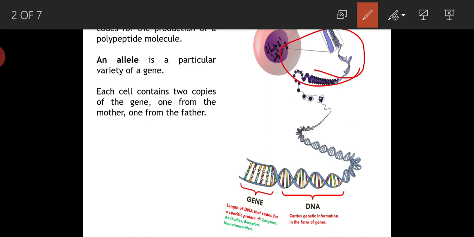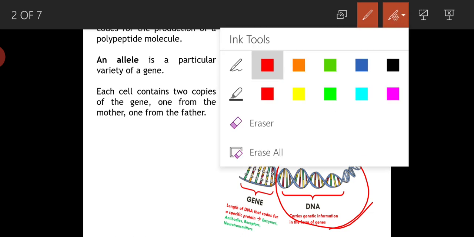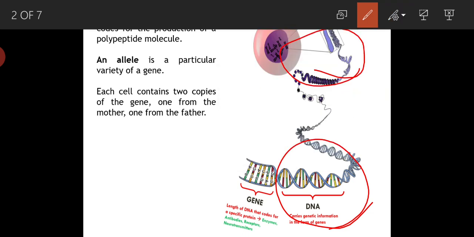A chromosome is made up of a DNA molecule which carries the genetic information in the form of genes, and these genes are sequences of the DNA molecule that have the information to code for a particular polypeptide molecule or a specific protein.